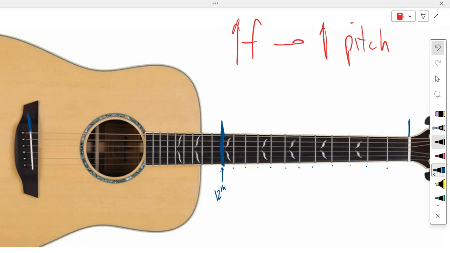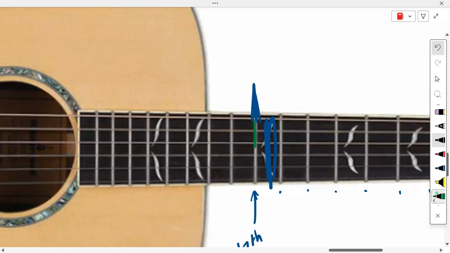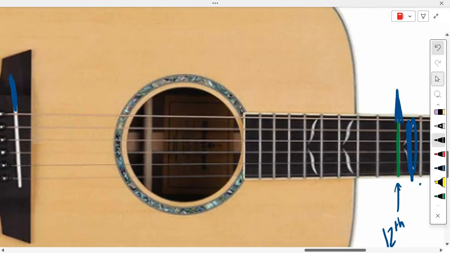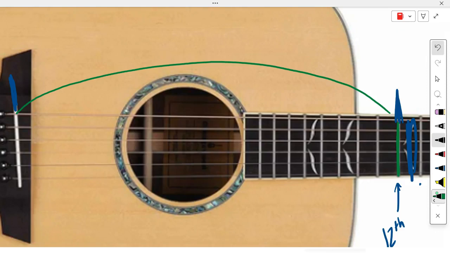So if I put my finger in this place, which holds the string down along this metal bar, we're going to have only half of the original string vibrating. Here's the whole string, but if I only make half the string vibrate, here's what we get. Here's the whole string, here's half the string.